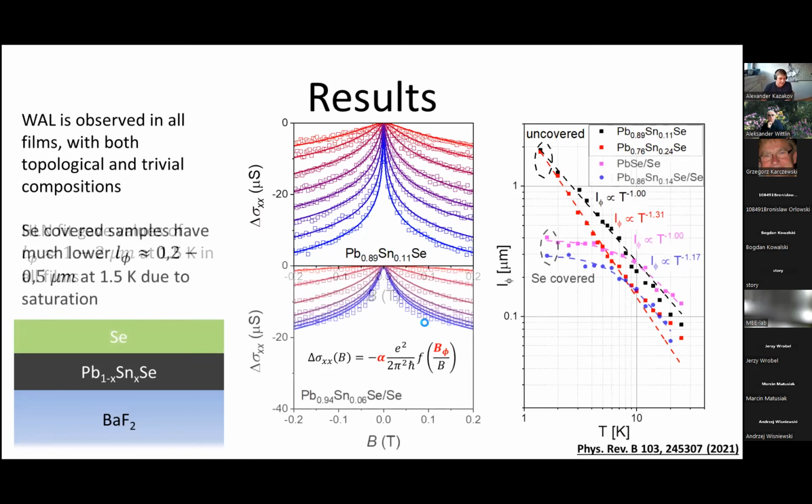So everything is fine. However, in the selenium covered films, we see that the inelastic scattering length saturates as we cool down the system in all films.